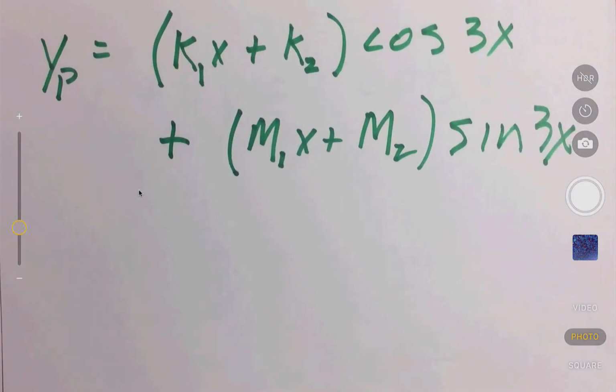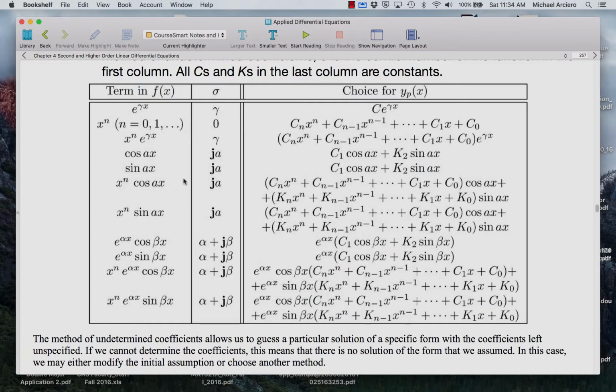And how did I get this form? Well, I just looked in the table here. So here's the form of our forcing function. So I need a term for cosine times x to the n plus every lower power. n is equal to 1, so I only need c1, c0. But I also need the sine as well.